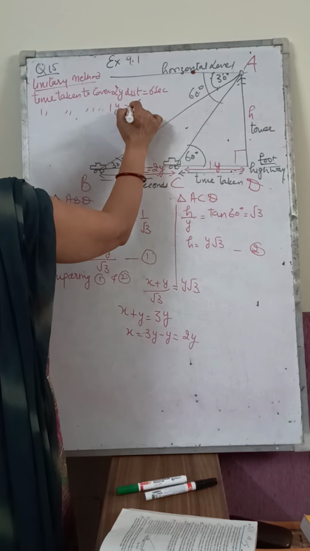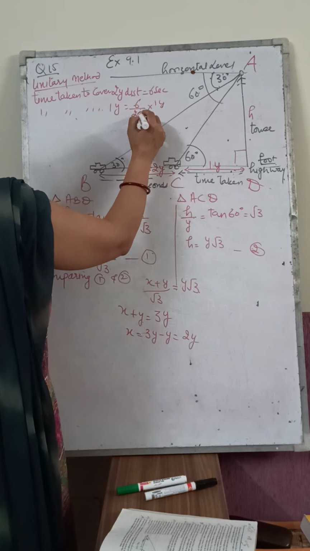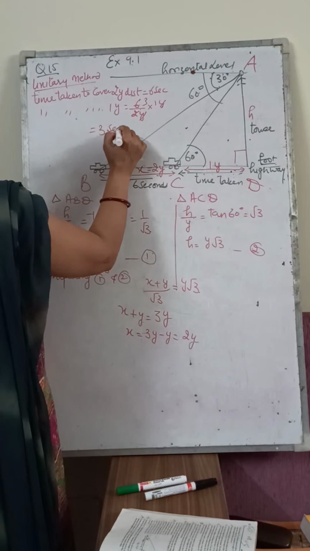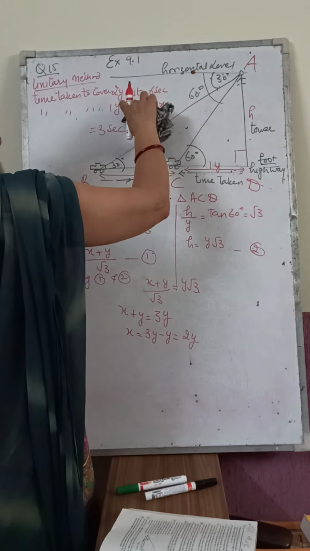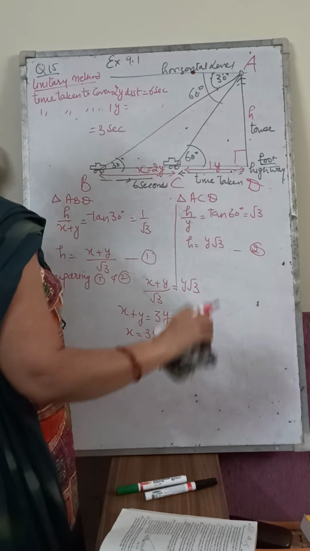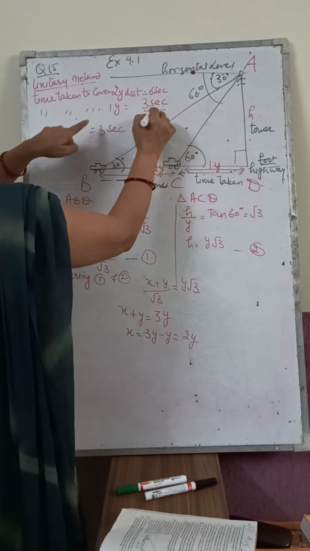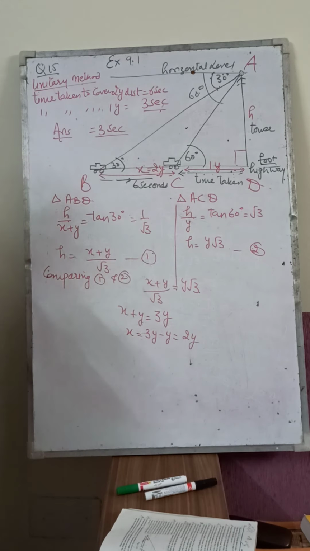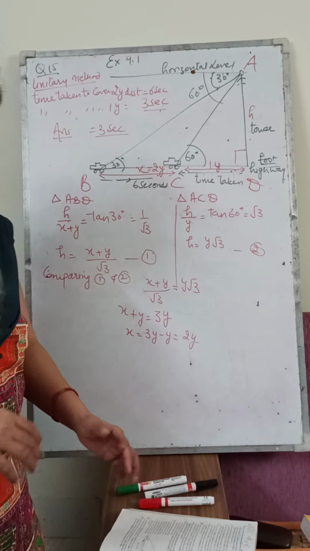It will be 6 upon 2y into 1y, which comes out to be 3 seconds. If you don't want to do the cutting, there is no need. This is understood: if 2y distance is covered in 6 seconds, then 1y will be covered in 3 seconds. So your answer is 3 seconds. Is it clear? Any doubt?